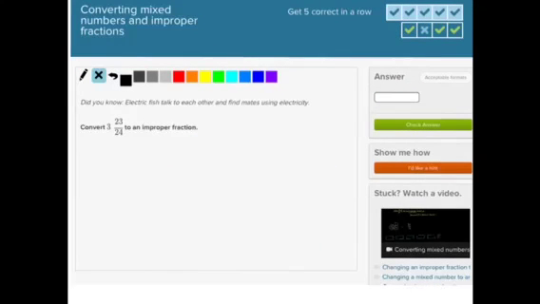Now let's take 3 23/24 and convert it into an improper fraction. We'll take 3 23/24 and we'll do 24 times 3 plus 23. Well, 24 times 3 is a little tricky, so why don't we just go off to the side and do it? 24 times 3: 3 times 4 is 12, carry the 1. 3 times 2 is 6, plus 1 is 7.